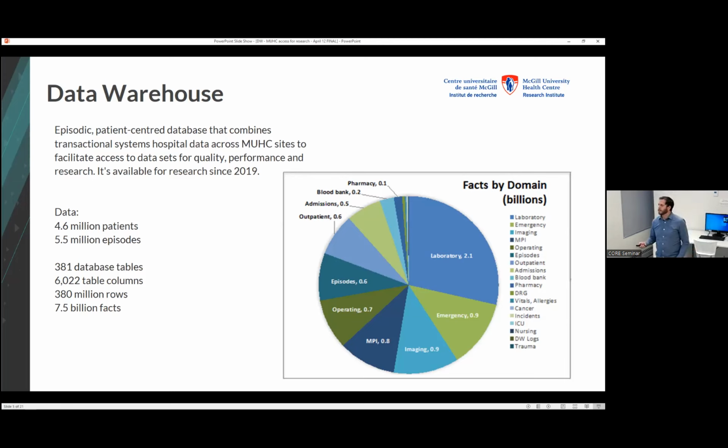Are there 4 million individuals? Yes, not 4 million. It's historical data too. It's not one patient appearing twice, because those are different episodes. It's individual patients, as intended. This is the data I have from a few years ago.